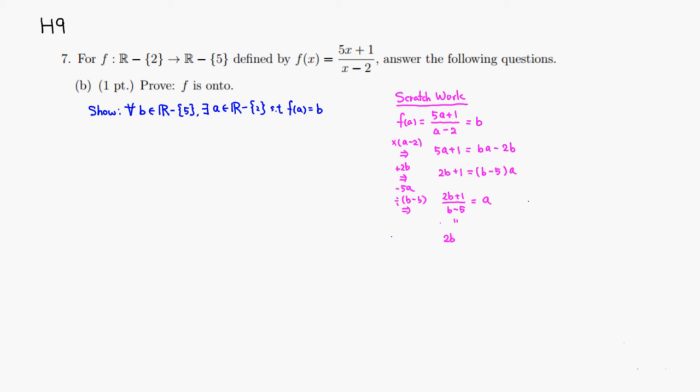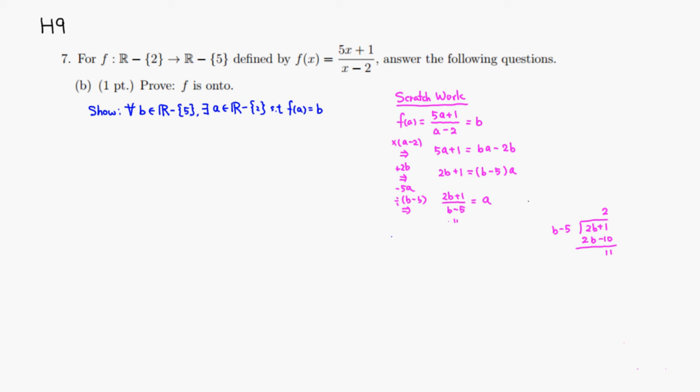Maybe let's do a long division, it might be a good place to do it. So 2b plus 1 divided by b minus 5. You can have two of them, so you have 2b minus 10. Then 1 minus negative 10 is 11.